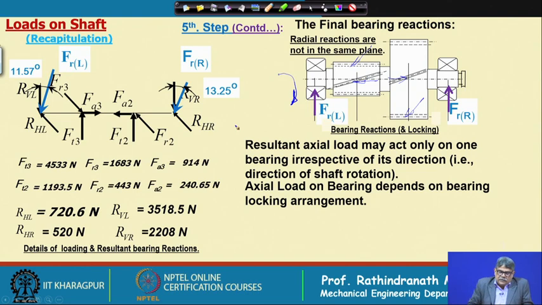Now, depending on the axial load on the bearing, and depending on the bearing locking arrangement, the axial load may be taken by only one bearing. So, in this case, we have locked this bearing by circlips.